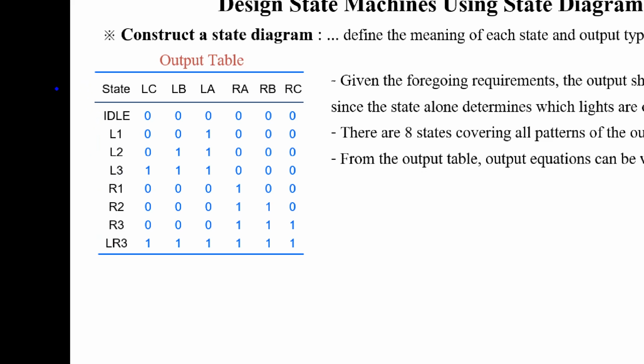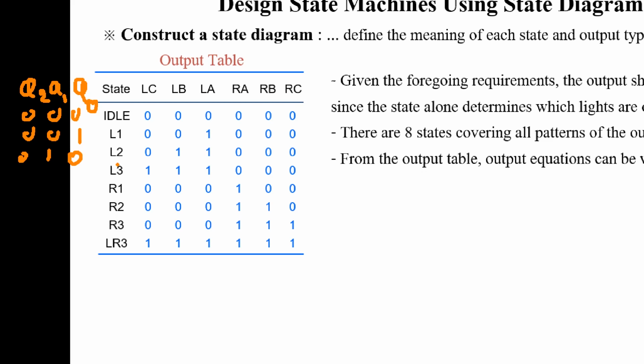For example, if you use Q2, Q1, Q0 as state variables, you assign 0, 0, 0 for state idle, 0, 0, 1 for L1, 0, 1, 0 for L2, something like this.